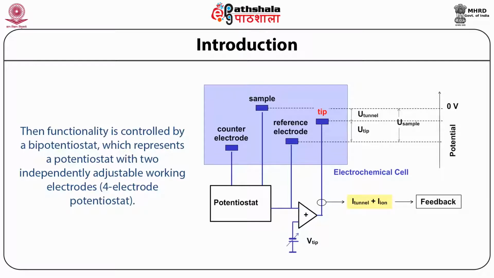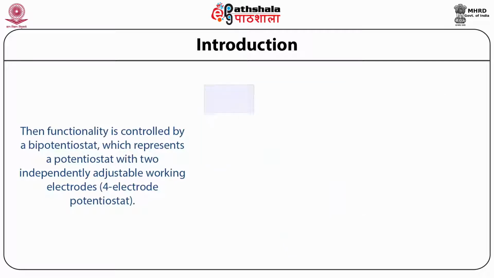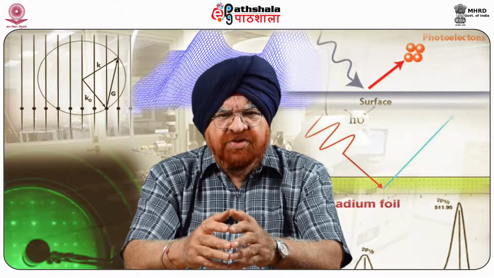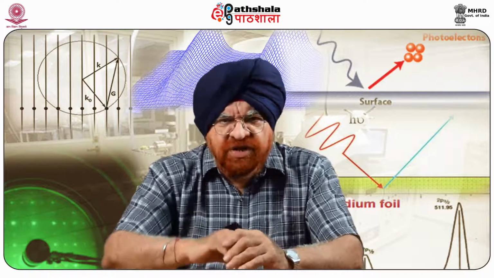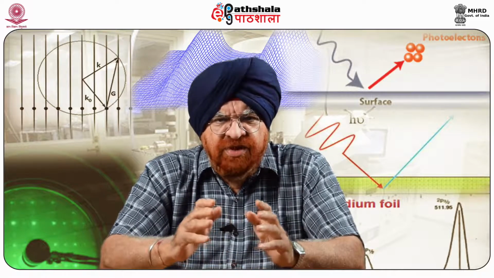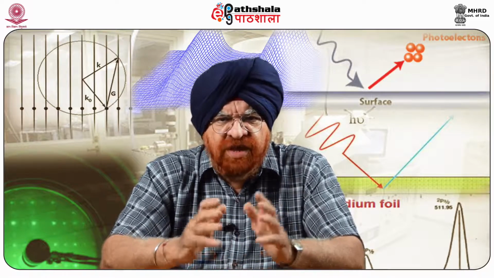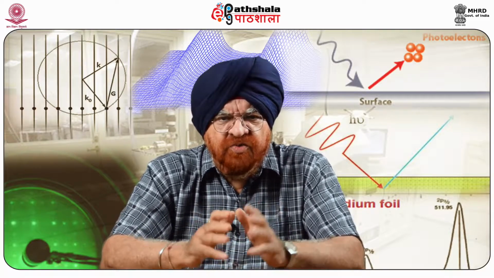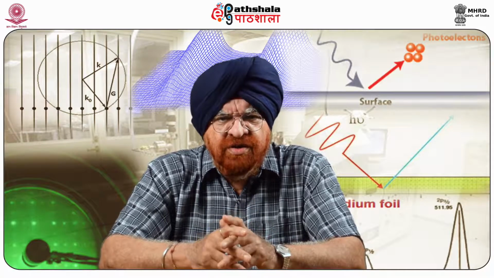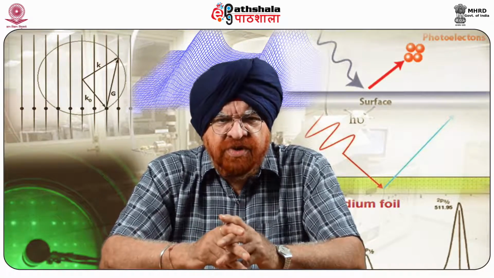So this is a typically 4-electrode potentiostat, which is used here and is termed a bipotentiostat. Now the choice of tip material, which is very important, and potential ET are dictated by the request of high mechanical and, in addition, chemical stability to minimize the Faraday current IF at the tip.